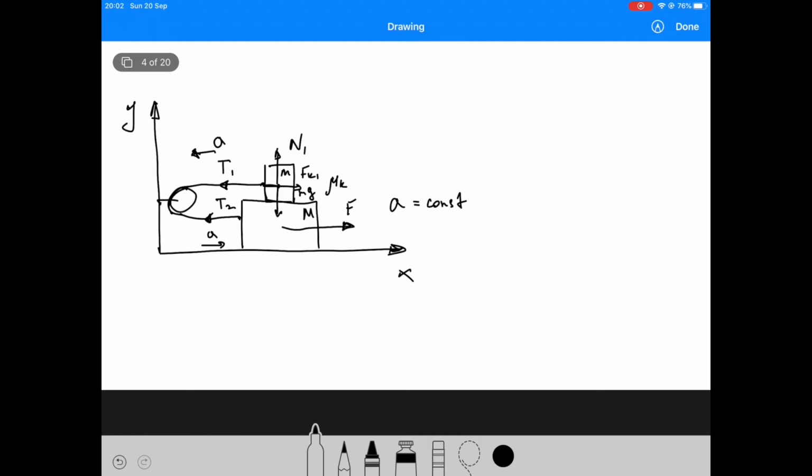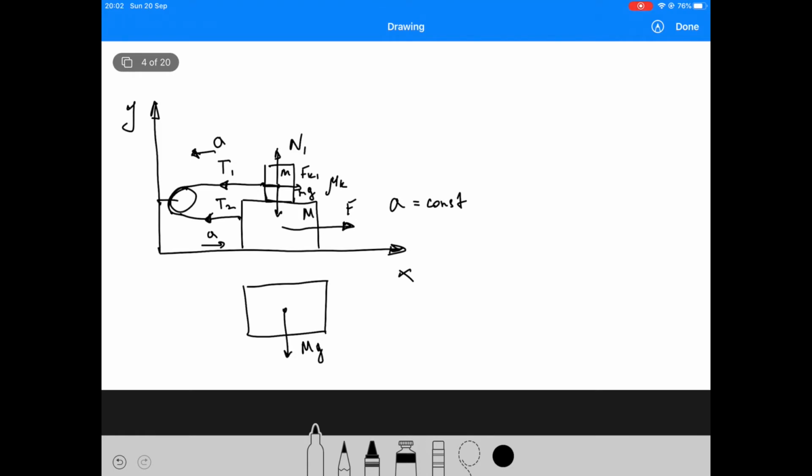We need also to consider forces which are applied to the bottom body, but maybe let us do it lower because it's already quite crowded figure. So let us draw this bottom body separately. So what we will have, we'll have mg, its weight.